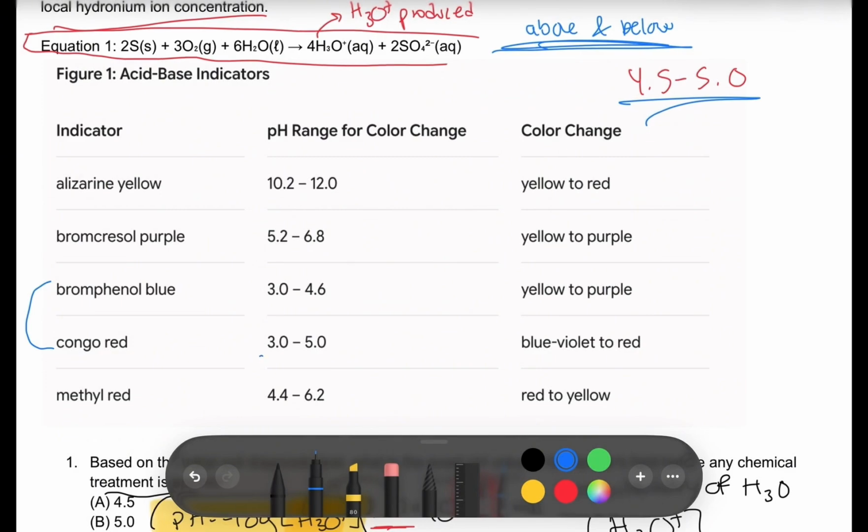And since the range from 3.0 all the way to 5.0 is too broad, it's not going to be very useful when it comes to narrowing down the value of 4.5. Because all this is going to tell us is that the pH has to fall somewhere below 5.0, but it also falls somewhere below 4.6. And that's not very useful. We want something that tells us something is above 4.5 at least.